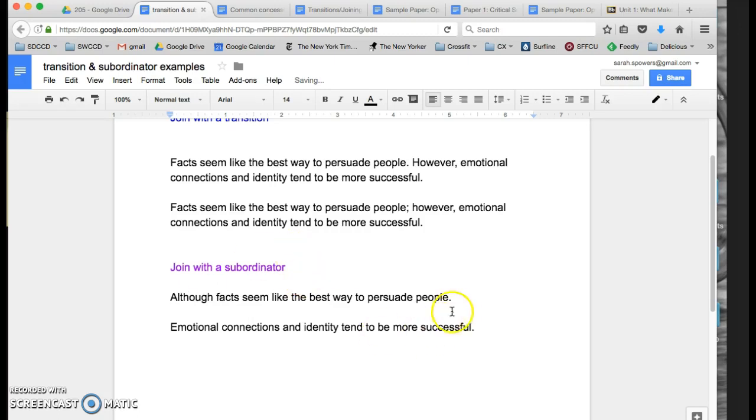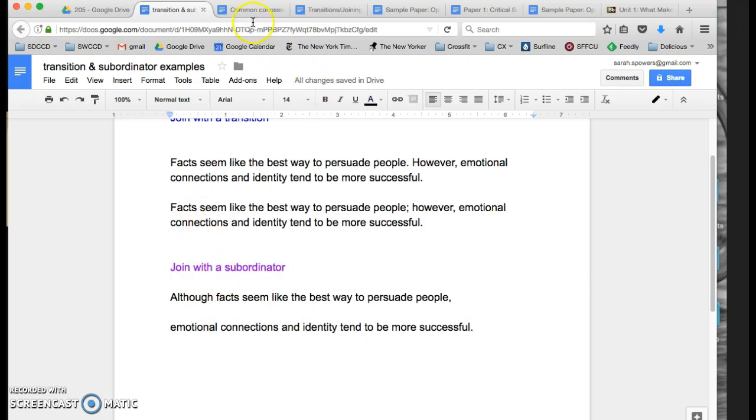Although facts seem like the best way to persuade people, right? And so that's not a complete sentence, right? So we cannot use a period or a semicolon, so I use a comma. Comma, emotional connections and identity tend to be more successful. Right, so I hope that kind of sort of makes sense as a quick crash course.